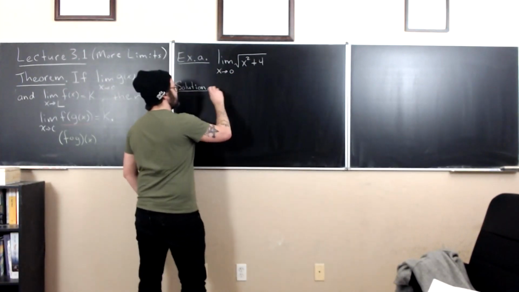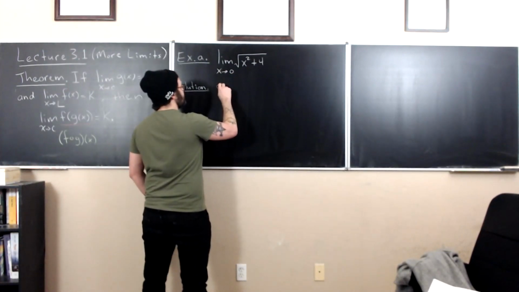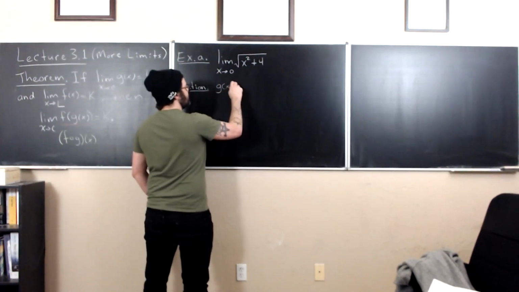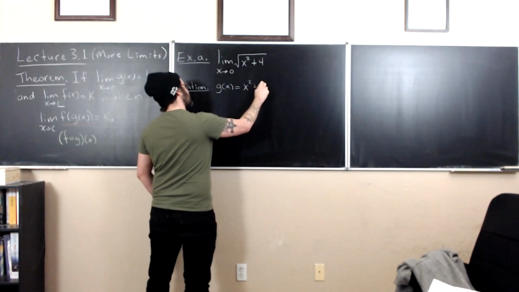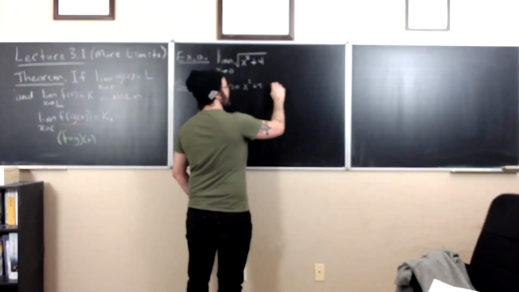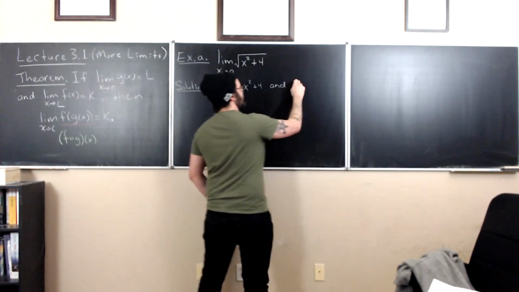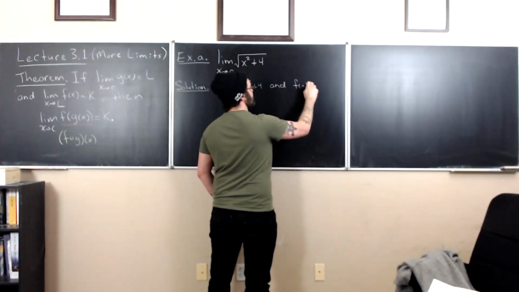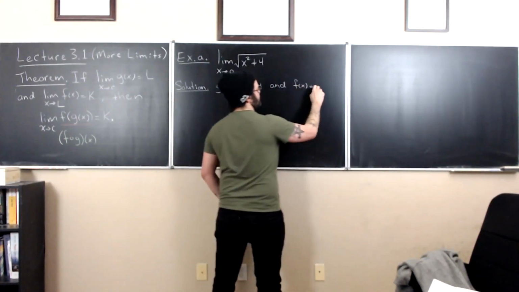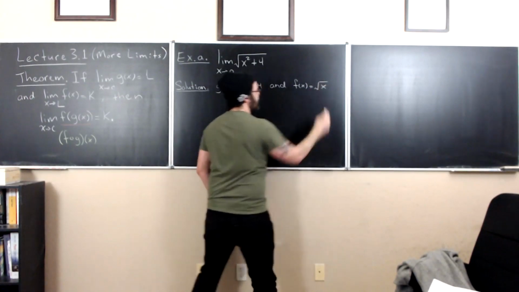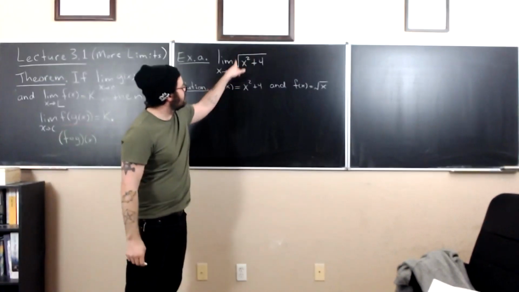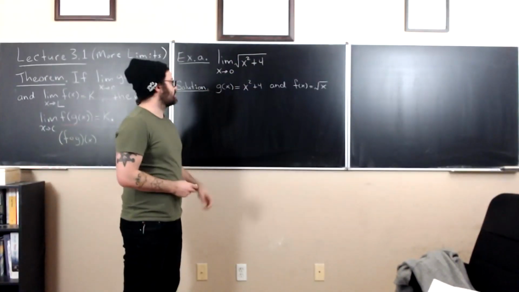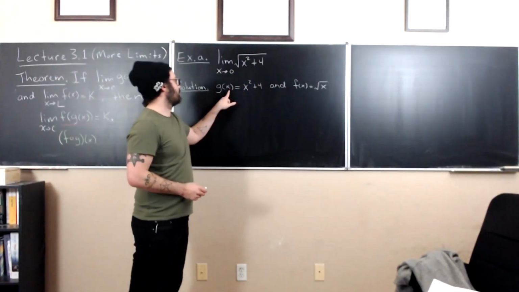So notice that if we let g of x equal x squared plus 4 and f of x equal root x, then this argument here is precisely that function composed with that function.